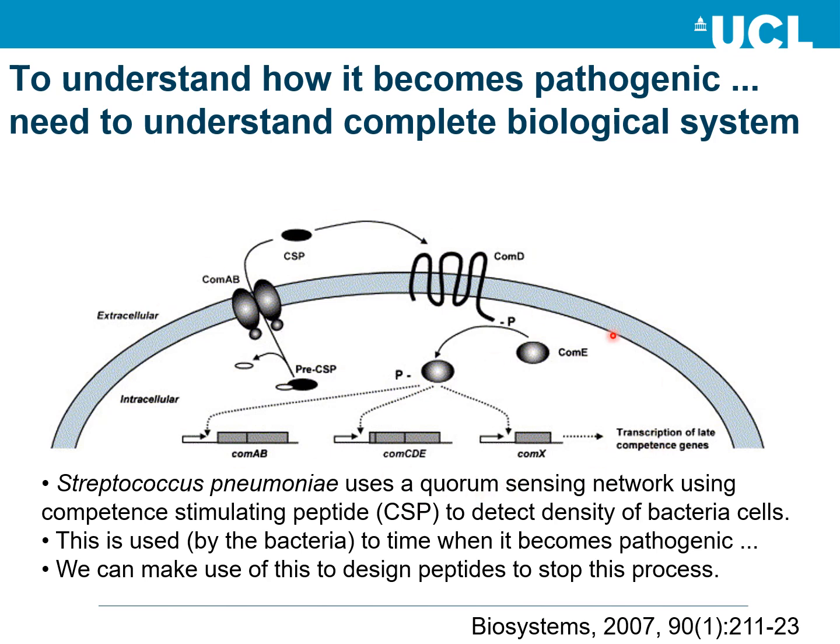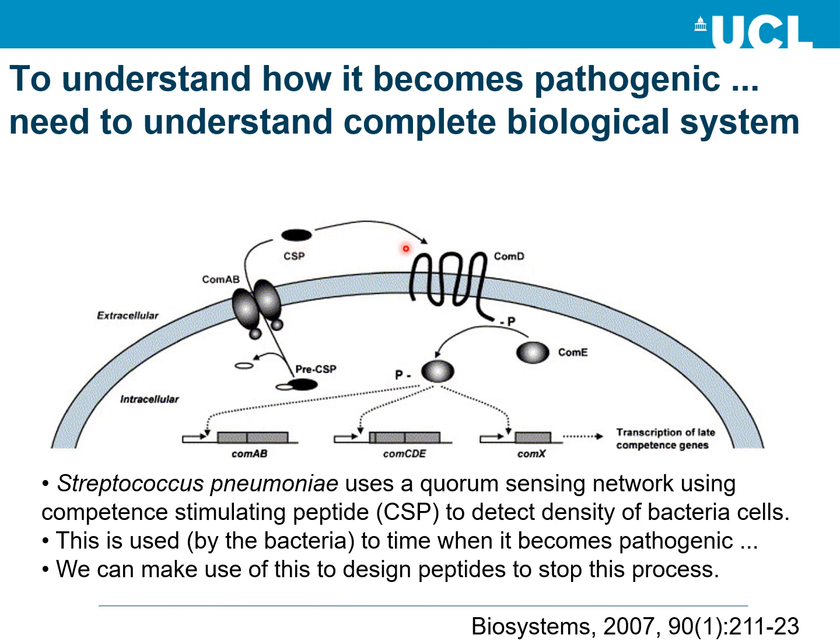Knowing this overall system, one of the things we can do is design peptides that stop the process. We can design a peptide that looks like CSP, that binds to the COMD, but doesn't allow it to turn on the signaling pathway. So our drug peptide binds very tightly to COMD and stops the natural CSP binding.